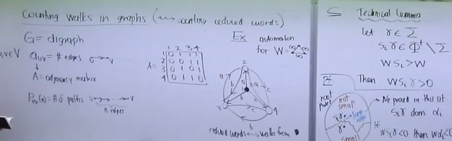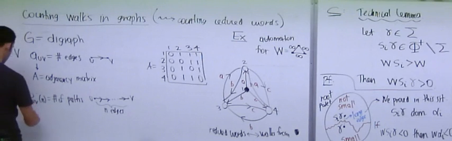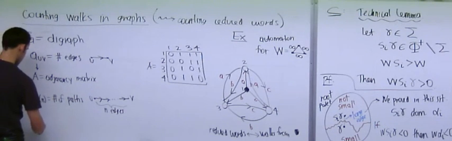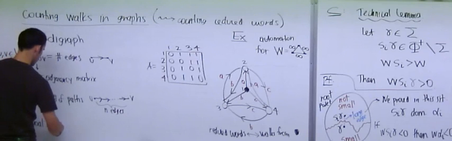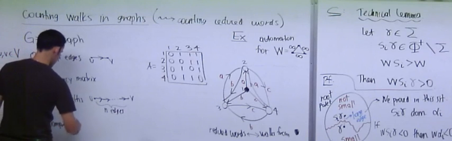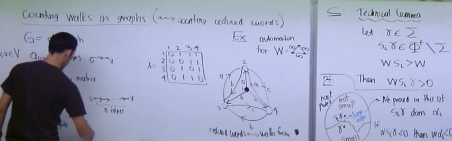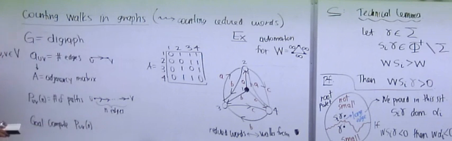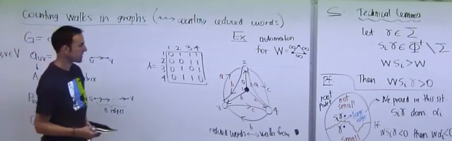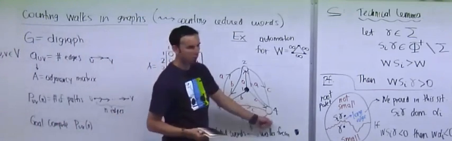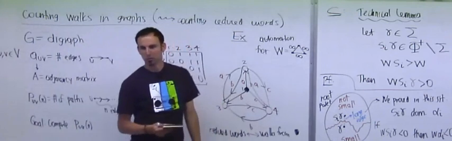And so what I'm interested in is basically to compute these kinds of numbers. So the goal is to compute P UV of n. For example, I want to know how many paths are there that start at 3, end at 4, and take 1,200 steps.